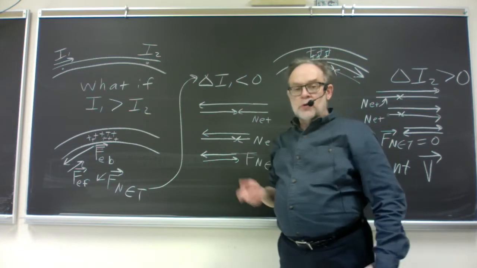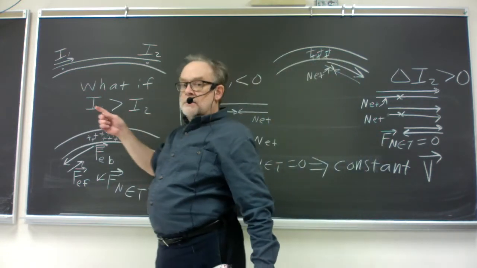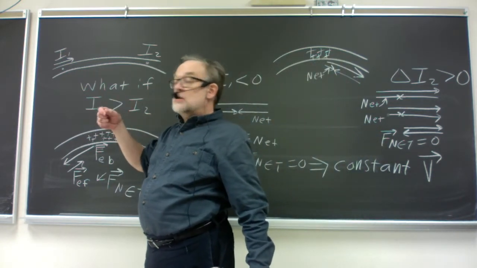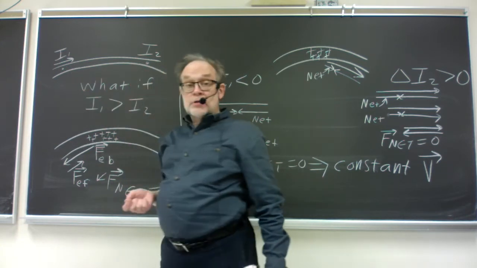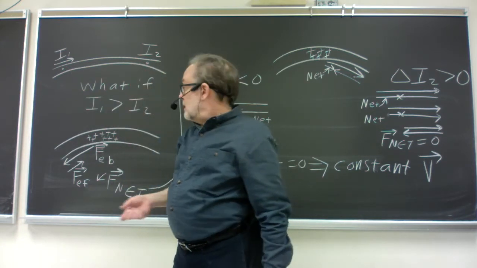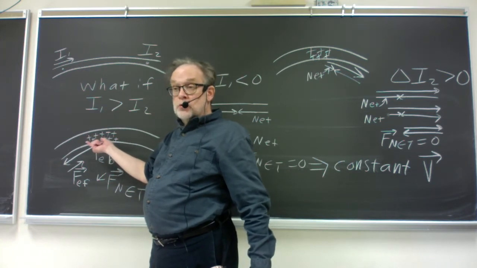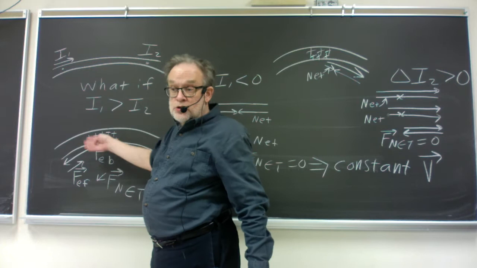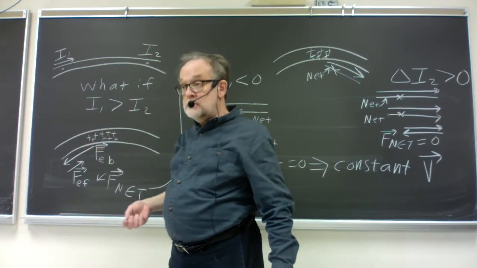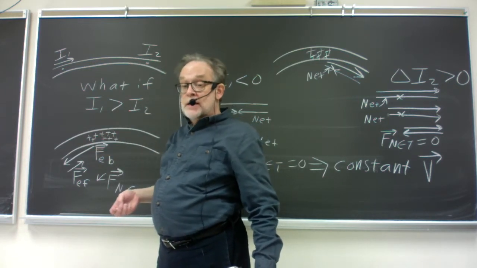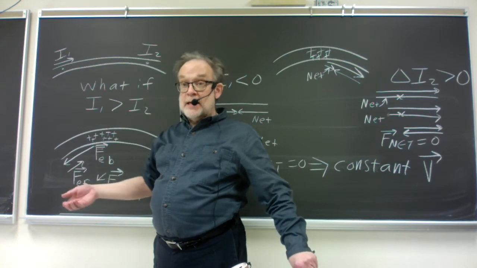So the moral of the story is, if there's a different amount of current at two places, that means charge could pile up to an unusual amount, or the opposite could happen, charge could empty out here. But if those things happen, that situation doesn't stay that way.